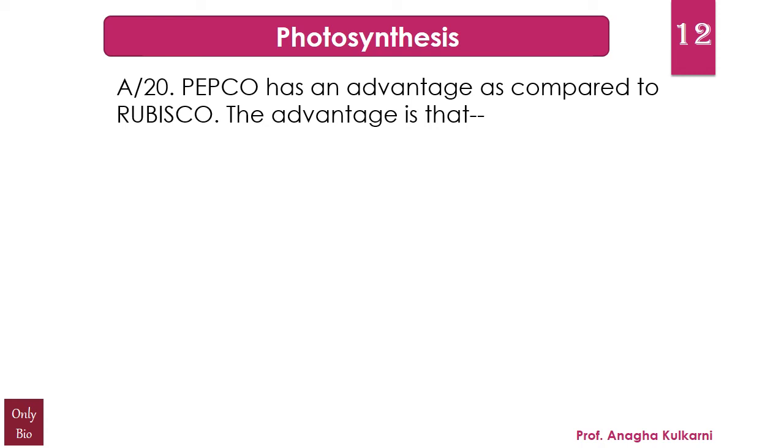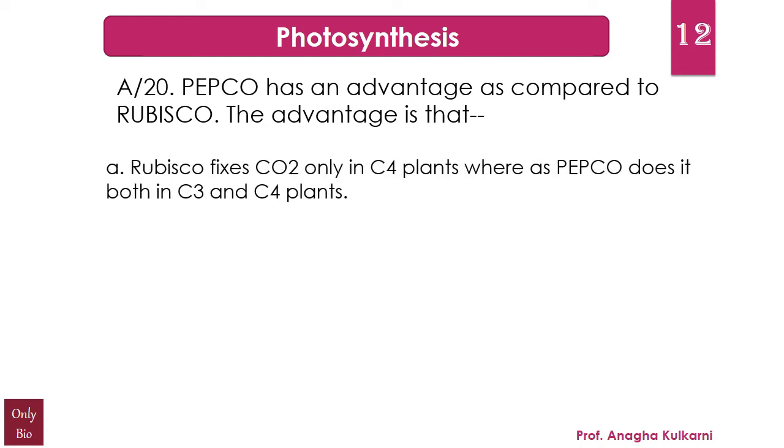I hope you remember Rubisco, ribulose bisphosphate carboxylase. The advantage is that, and your options are A. Rubisco fixes carbon dioxide only in C4 plants, whereas PEPCO, that is phosphoenol pyruvate carboxylase, PEP carboxylase, does it both in C3 and C4 plants.